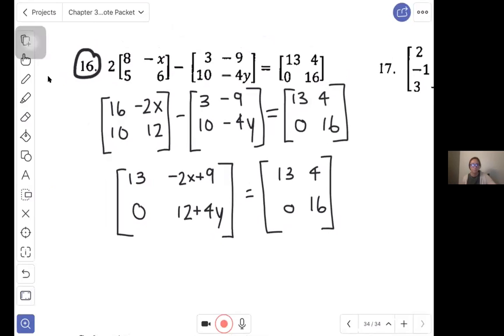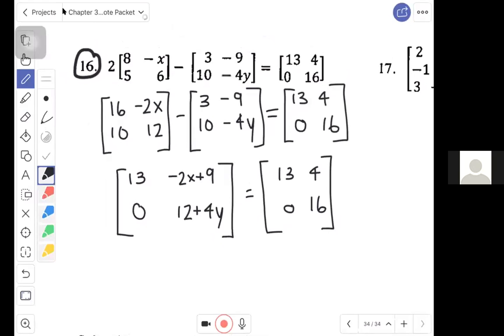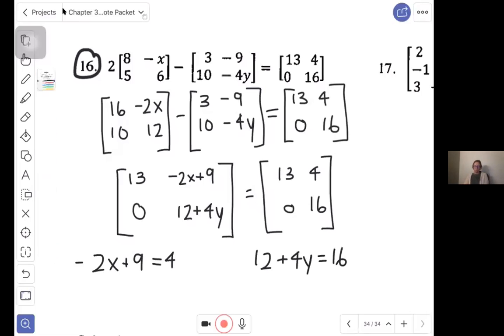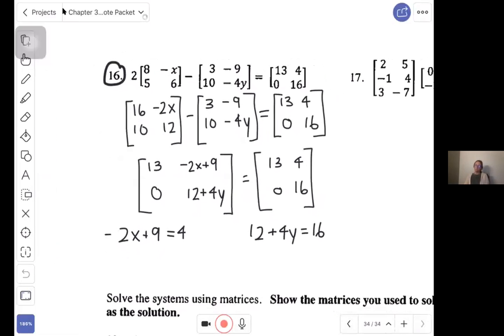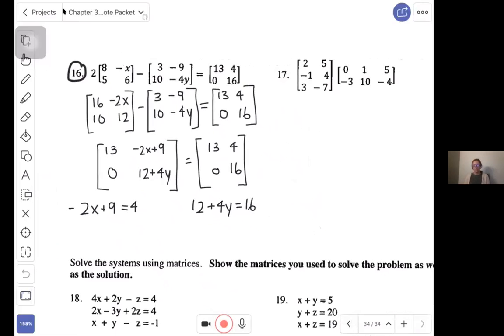Riley. You could do negative 2x plus 9 equals 4, and then 12x plus 4y equals 16. Perfect. And then you can go through and solve for x and y. So I will let you finish that part.